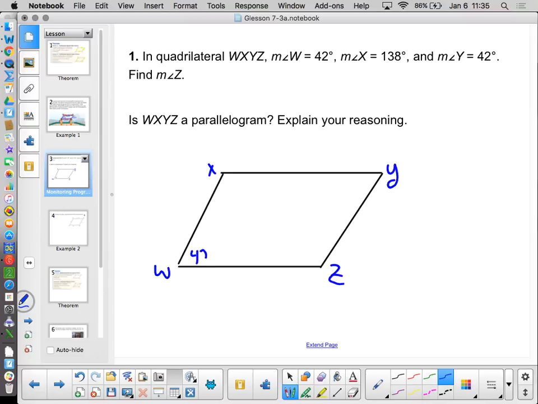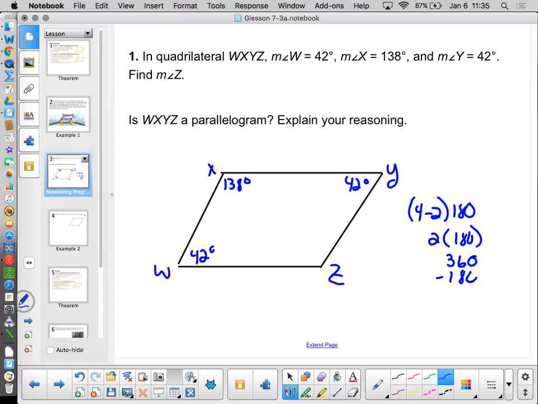We're told W is 42 degrees, X is 138 degrees, Y is 42 degrees. First question is, what's the measure of angle Z? Well, that's pretty easy. Since there are four angles, it's the number of sides minus 2 times 180 for a quadrilateral, or 2 times 180, so the sum is 360. Then we just start subtracting off the angles we have. 42 and 138 add up to 180.